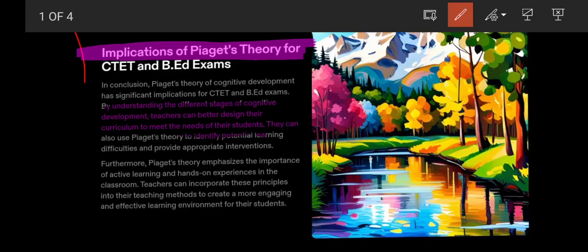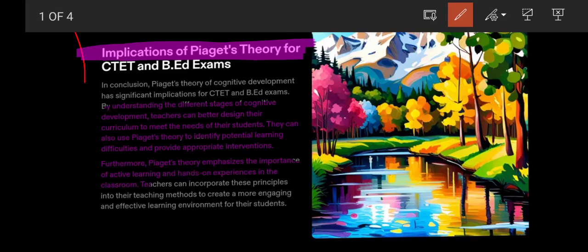They can also use Piaget's theory to identify potential learning difficulties and provide appropriate interventions. So we can identify the learning difficulties and provide appropriate remedies or solutions to those difficulties. Furthermore, Piaget's theory emphasizes the importance of active learning and hands-on experience in the classroom.